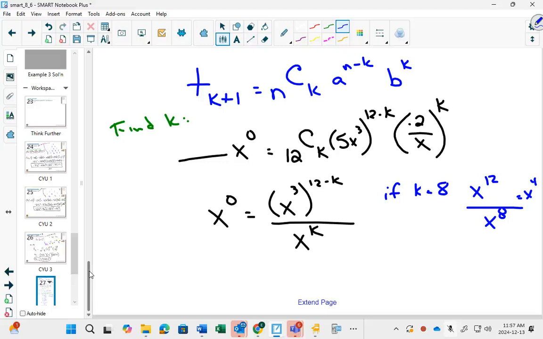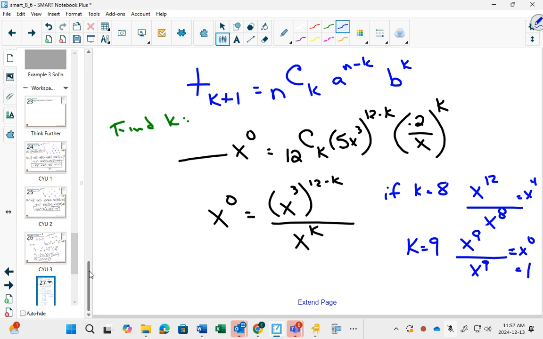What would you like to try, k? 9. 9? So then you would have an x to the 9 on the bottom. 12 minus 9 is 3. X cubed to the 3. Oh, you got it. Well, not 0. Careful, right? That would be x to the 0. It cancels out. It's equal to 1, right?